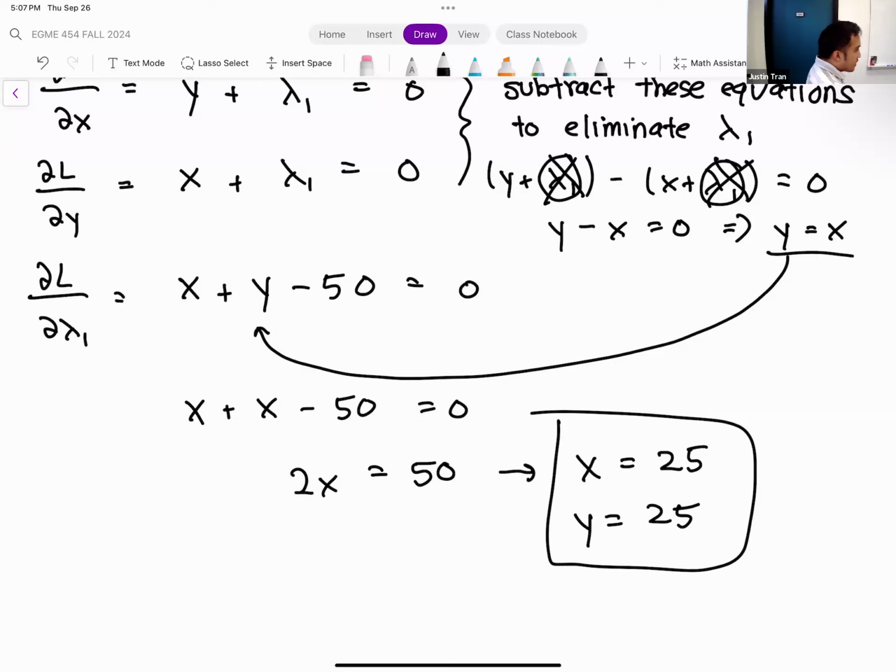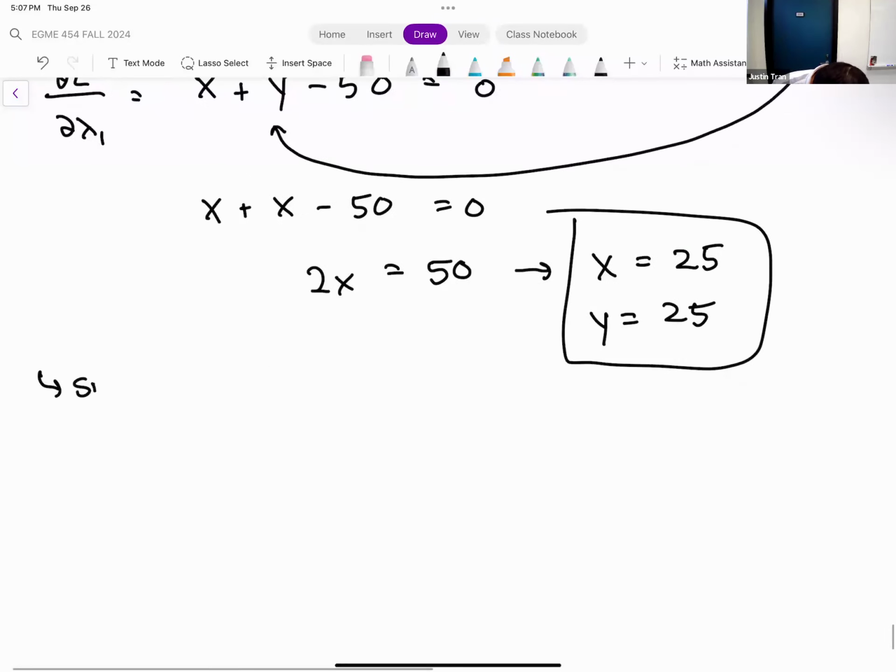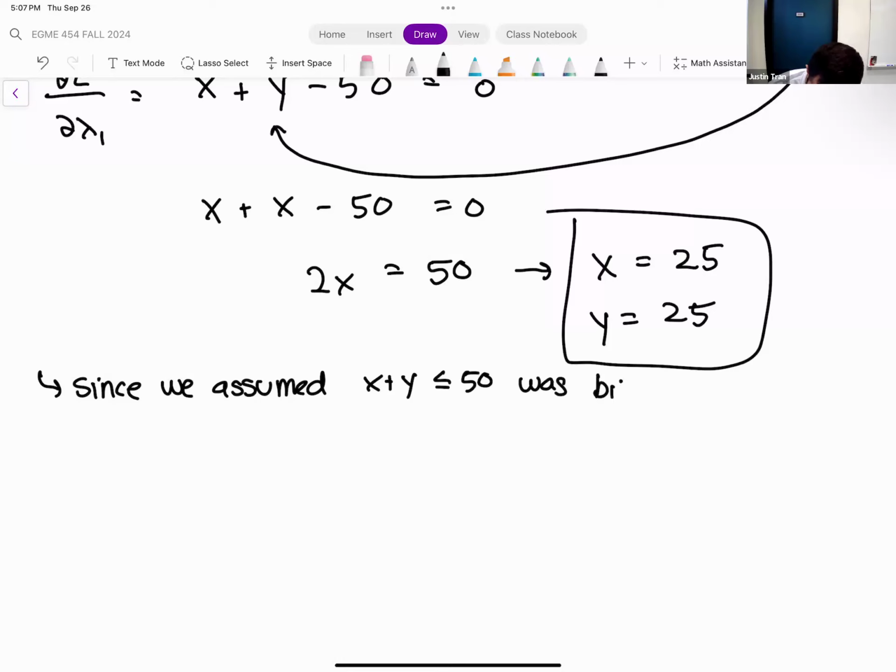We know that this satisfies the first constraint already because we assumed that it was binding. So we don't need to check it again. I mean, you can if you like that satisfaction, but you don't have to.